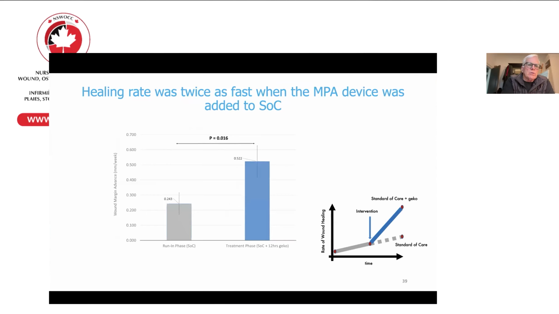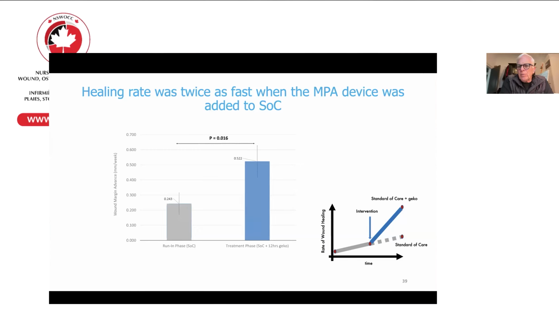And there was another way they looked at it as well. It was looking at wound area advancement, so the millimeters per week of ingrowth of the edge of the wound to the ulcer bed. And this is showing you the group that had the muscle pump activated plus standard of care compression. And you'll see again that wound margin advancement essentially doubled.